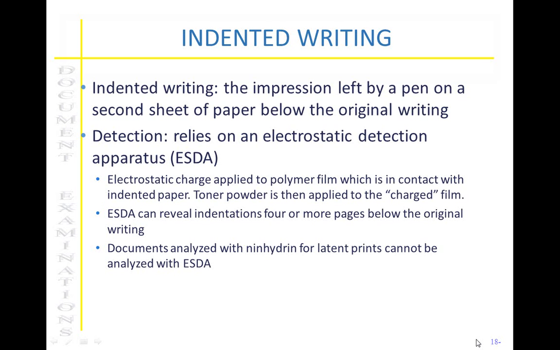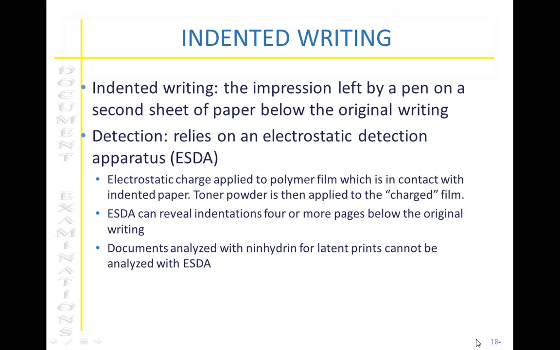So this impression can sometimes be detected with the use of an electrostatic detection apparatus. And this is going to actually apply a charge to a polymer film that's going to come in contact with that indented writing.